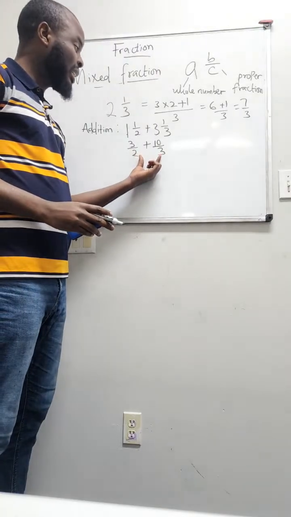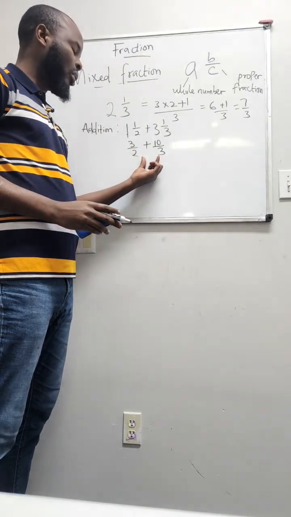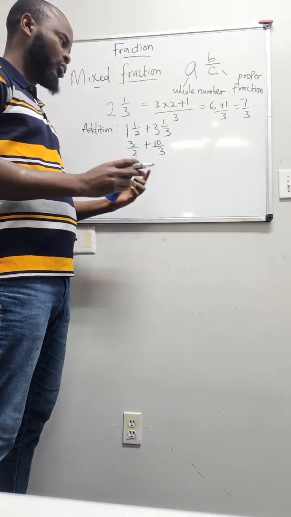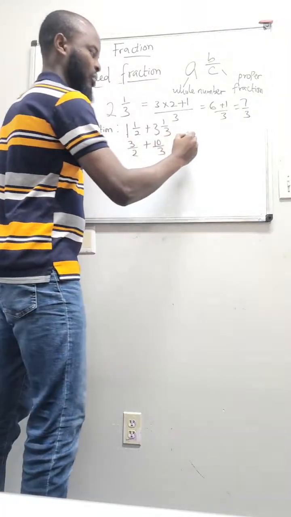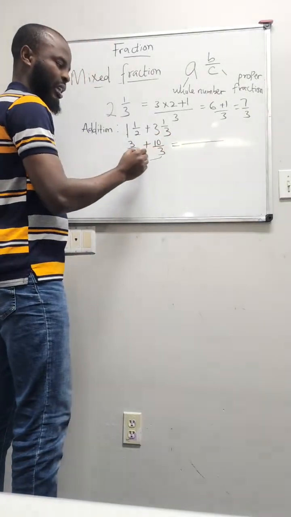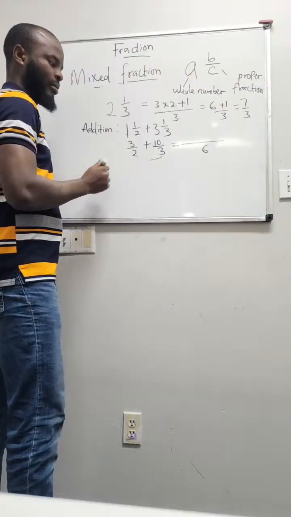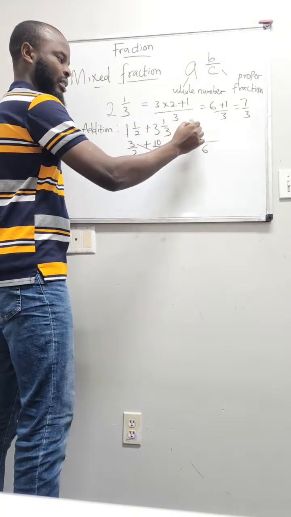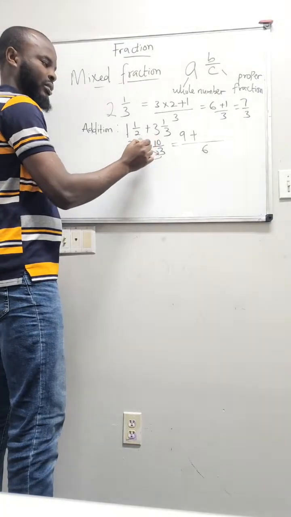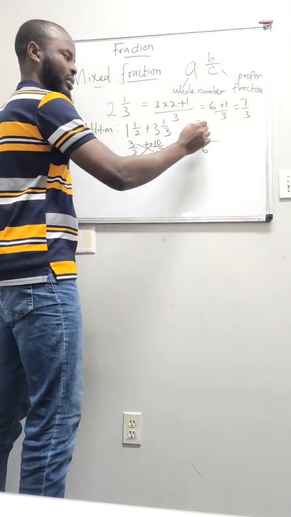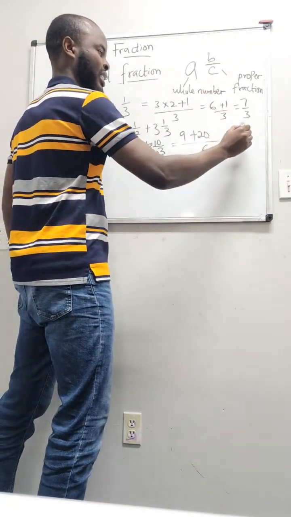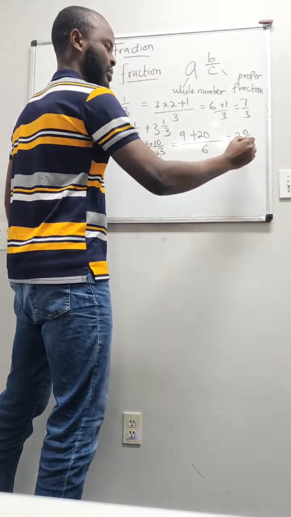And after doing that, it is easy for us to add this up. Just use the same approach. So 3 times 2 gives 6. And you can say 3 times 3, which is 9, plus 2 times 10, which is 20. 9 plus 20 gives 29 over 6.